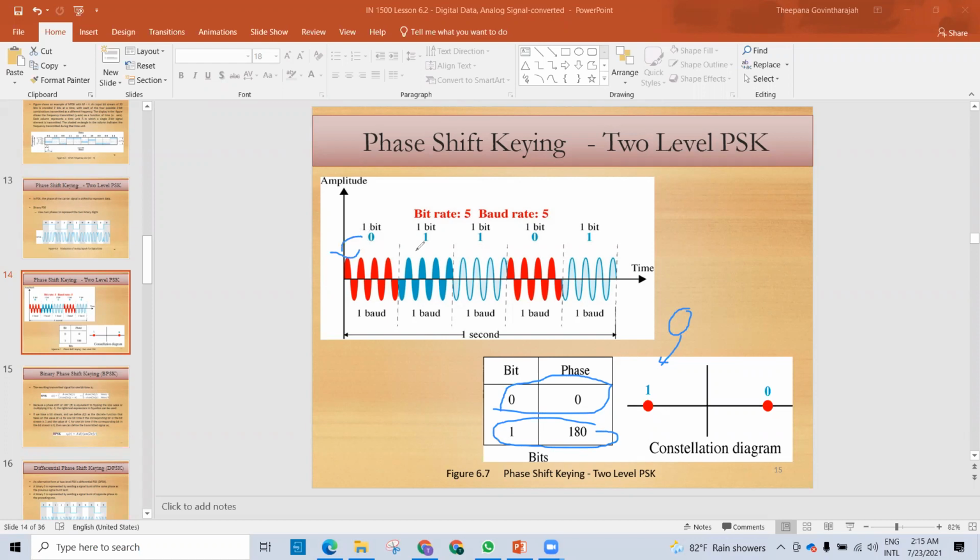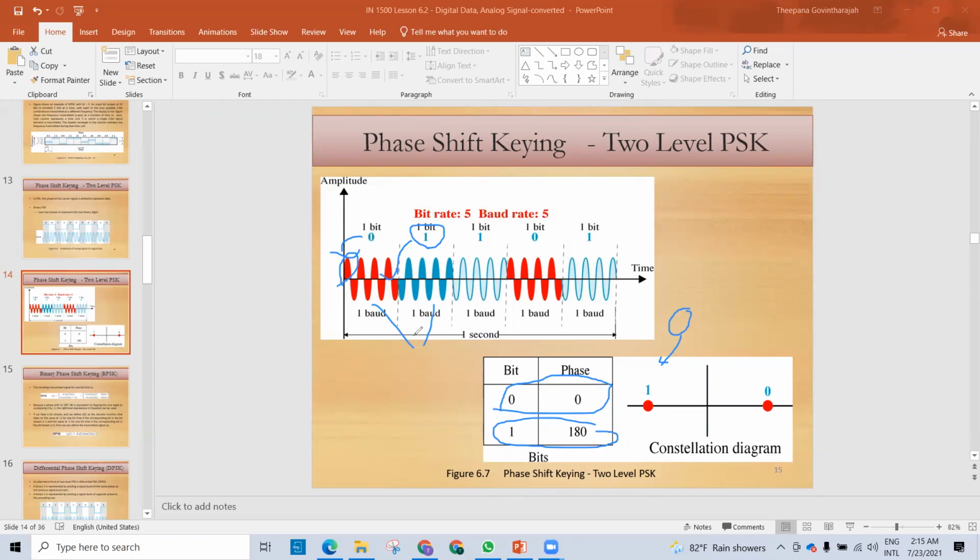A phase of 0 means no phase change, and for the 1, it's a 180 degree phase change. Here, two different phases mean one bit is represented by one signal.